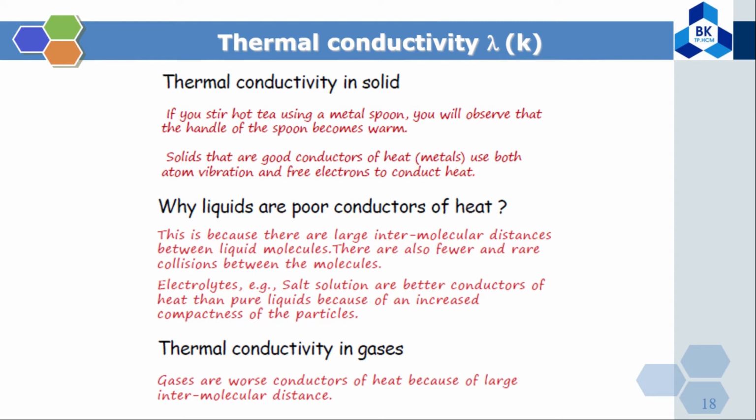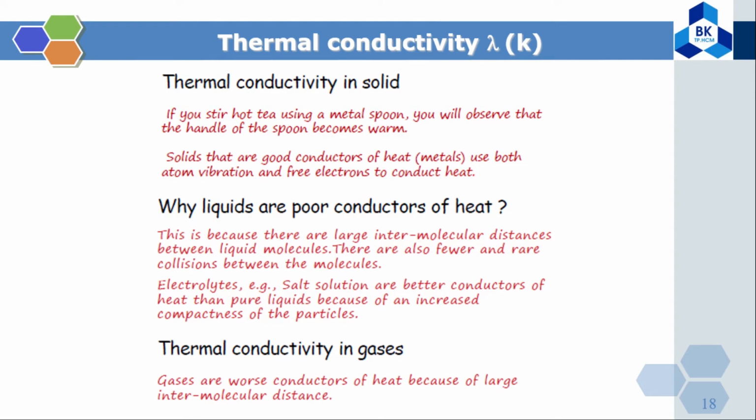Electrolytes, for example salt solutions, are better conductors of heat than pure liquids because of the increased compactness of the particles. Gases are the worst conductors of heat because, again, of the large intermolecular distance.